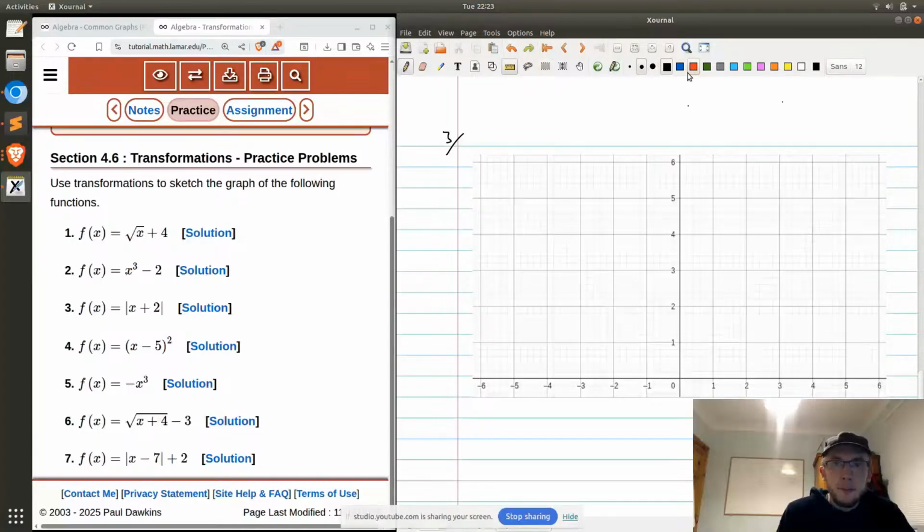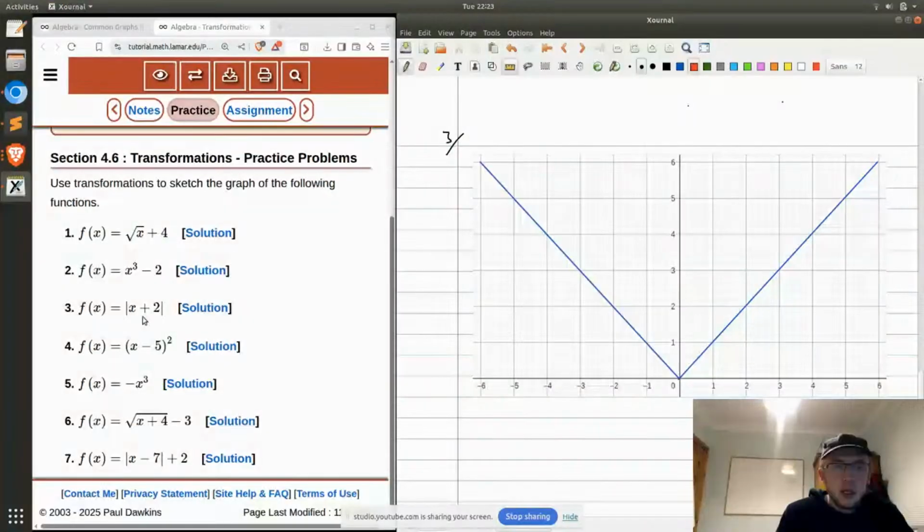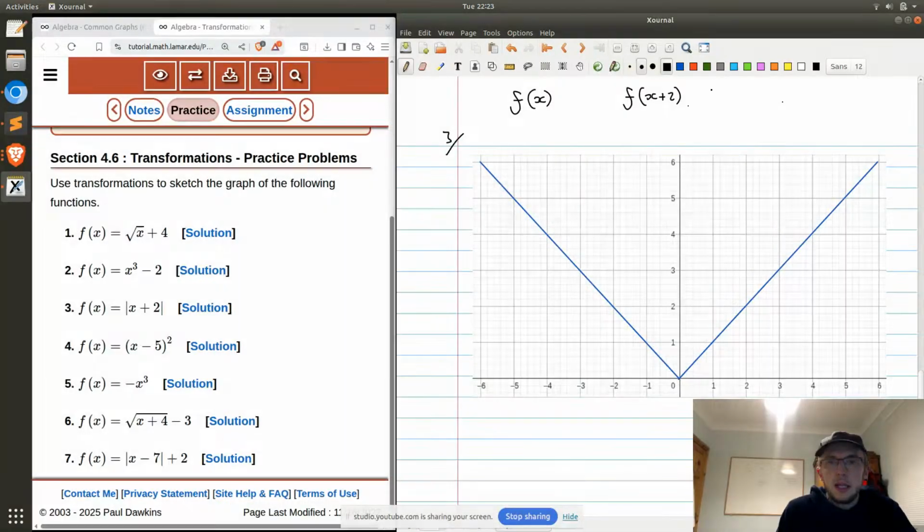But I like to do my base functions in blue. And then my transformed function, well, for a function, if I go inside where x is and I add 2 to it, that has the effect of shifting the function 2 units to the left, translating it rigidly 2 units to the left.